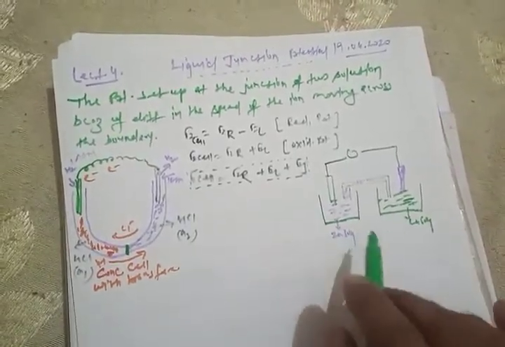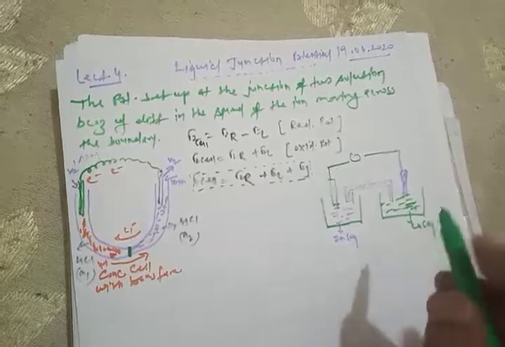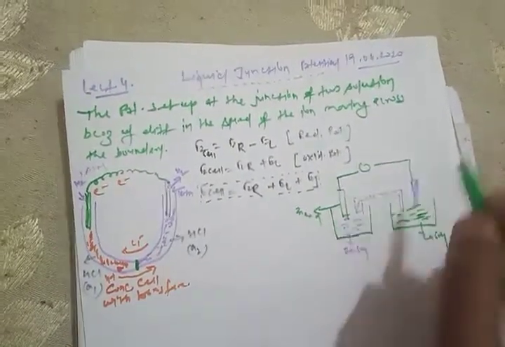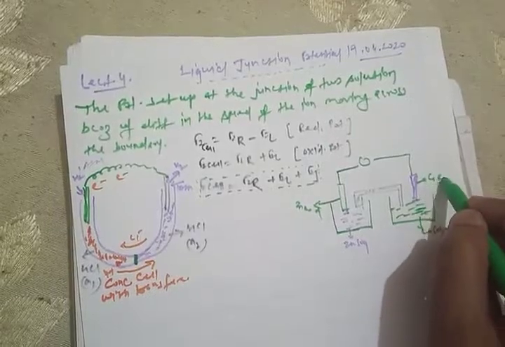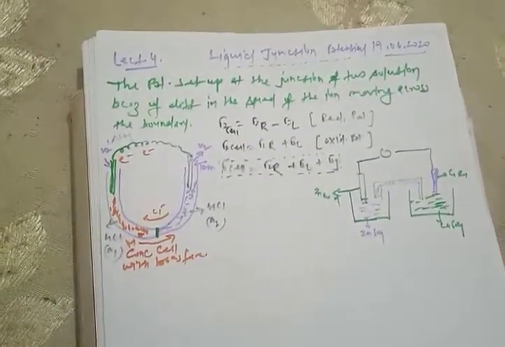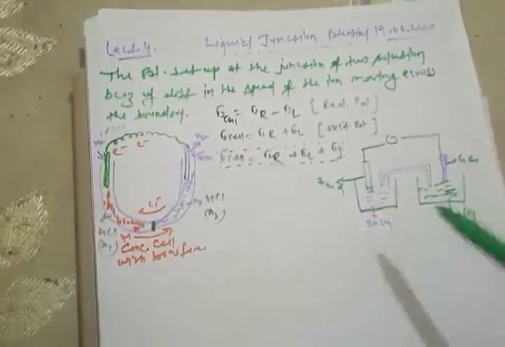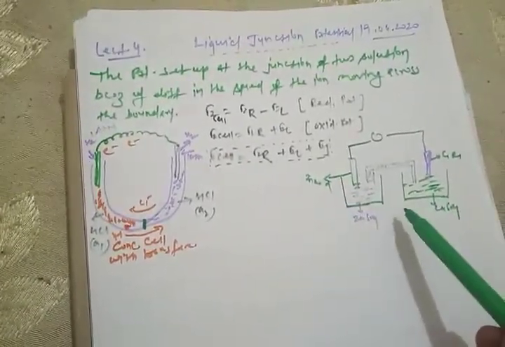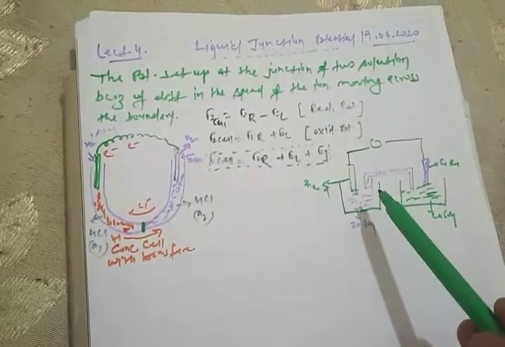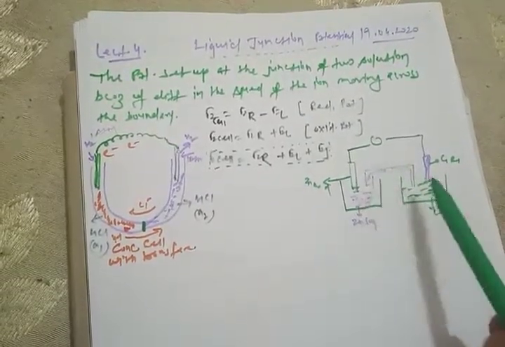So we have two different solutions. So this will be a zinc rod, and this is a copper rod, electrode of copper. Now what happens here, these two solutions are of different concentration. So here the electrolyte will not transfer from each other.